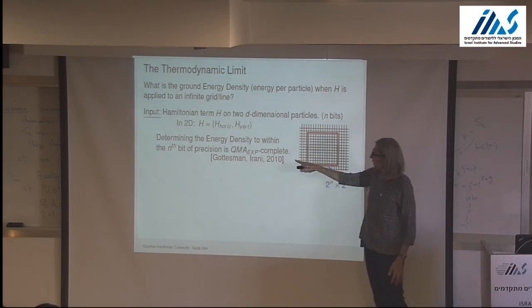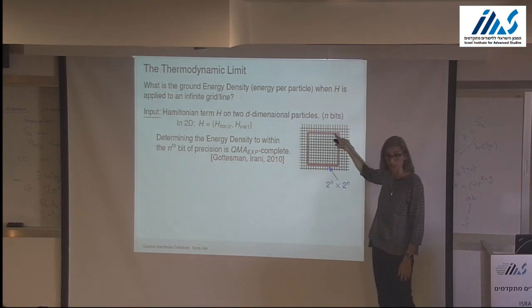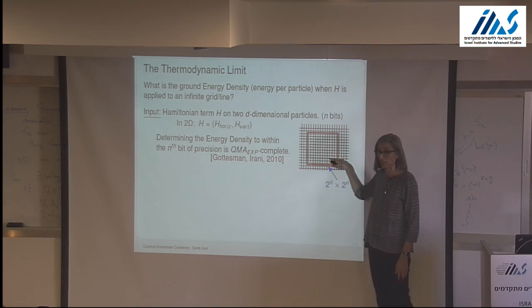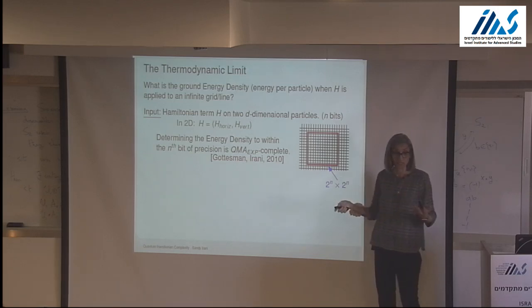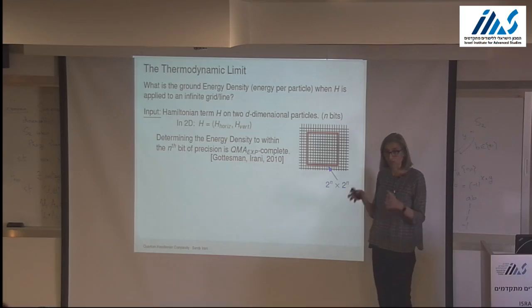To determine energy to the nth bit of precision, you actually only need a finite chunk of the grid. And you can argue that the error you get from truncating is smaller than a certain amount. So it's still sort of a finite problem. Even though we're looking at the infinite grid, if you're only asked to compute it to within a certain precision, you can look at a finite chunk.